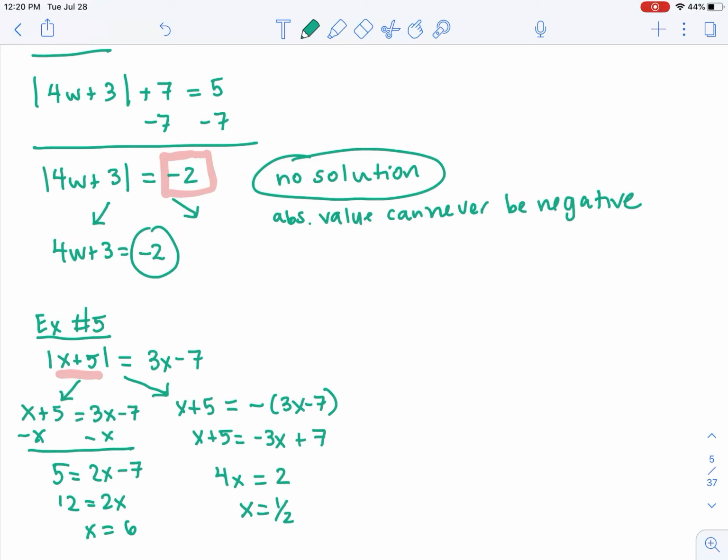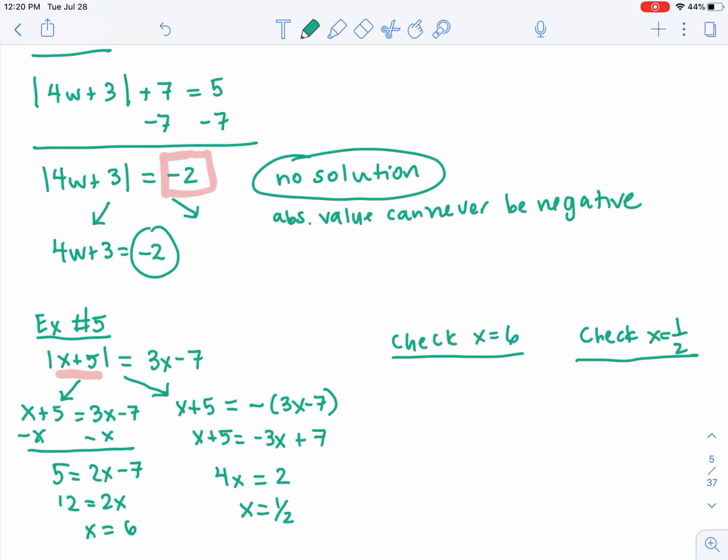Now we're going to take the two values that we have, x equals 6 and x equals 1/2, and check our solutions. So if I plug 6 back into the original equation, so check x equals 6, and check x equals 1/2. So if you can input your answers, is 6 a solution, is 1/2 a solution, or are both solutions?